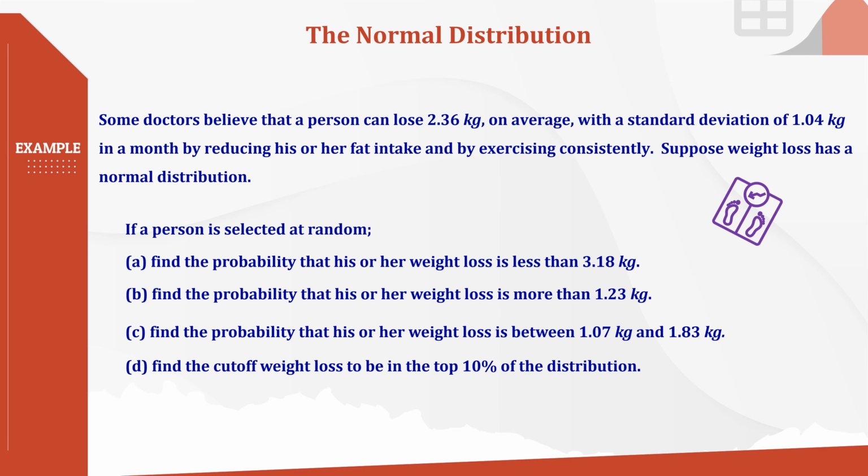Let's try this example. First of all, identify the mean mu and standard deviation sigma values with symbols, since those are fixed values and used for all A, B, C, and D questions.